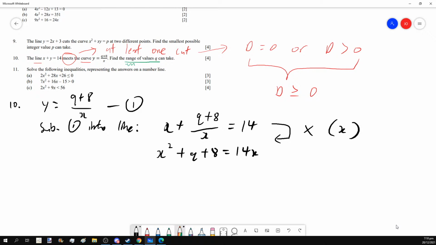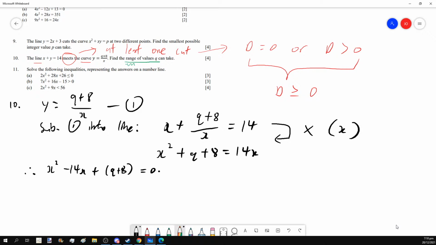From here, we will rearrange, and it will give us x squared minus 14x plus q plus 8 equal to 0. At this point in time, I'm going to compartmentalize q and 8 together in a single bracket because both of them are in the same family. They don't have any algebra, right?